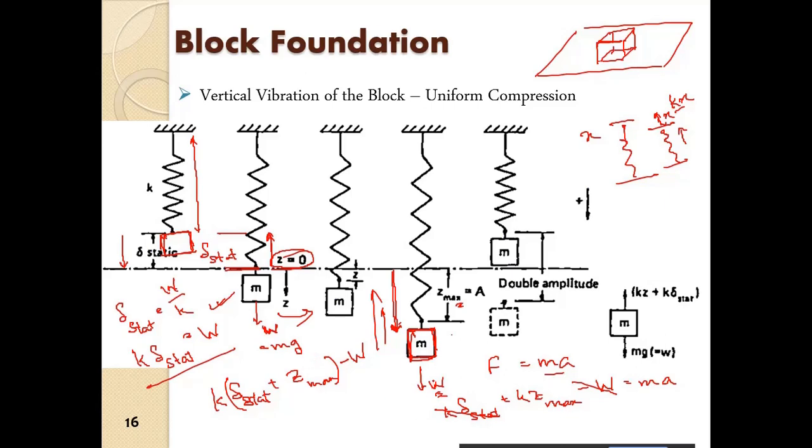So what is the force remaining? We have K into Z max, and that is equal to the mass into the acceleration of the body.